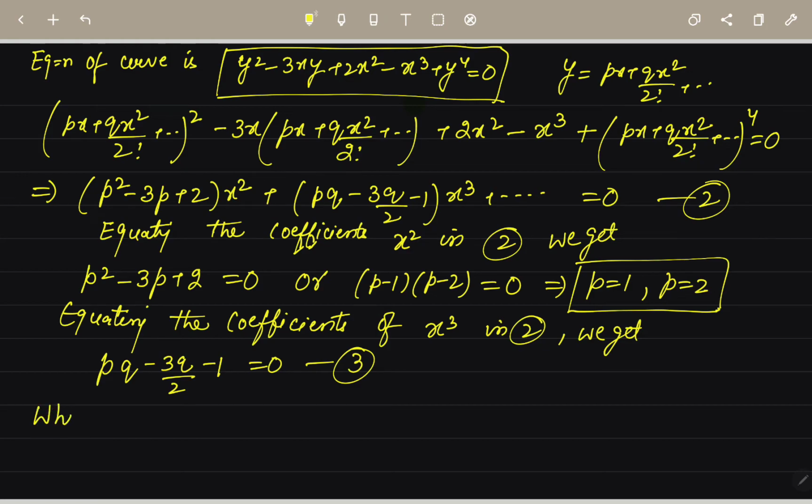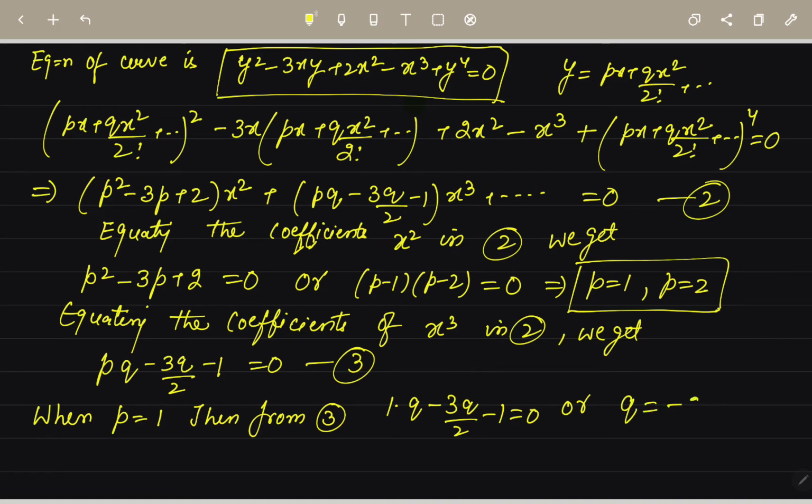When p is equal to 1, then from equation third we have 1 into q minus 3q by 2 minus 1 equal to 0, and after solving I get q is equal to minus 2.